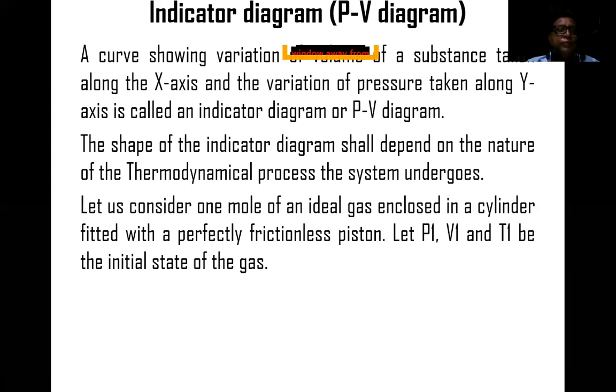Let us consider 1 mole of ideal gas enclosed in a cylinder fitted with a perfectly frictionless piston. Let P1, V1 and T1 be the initial state of the gas.